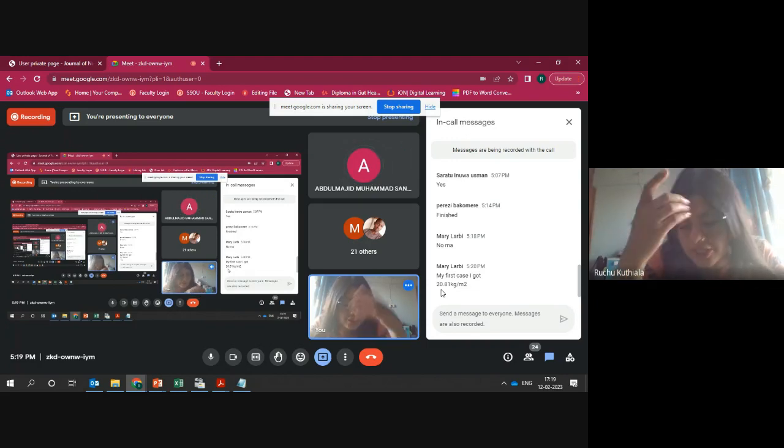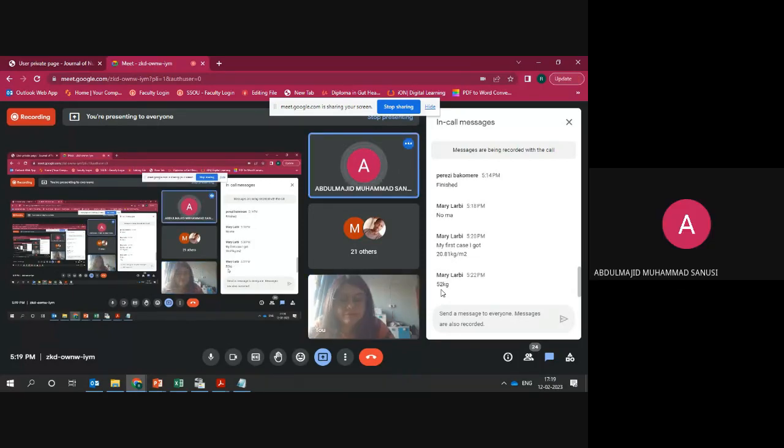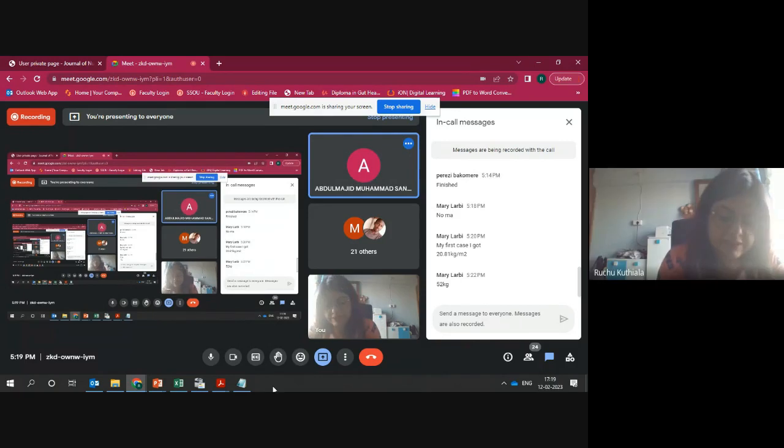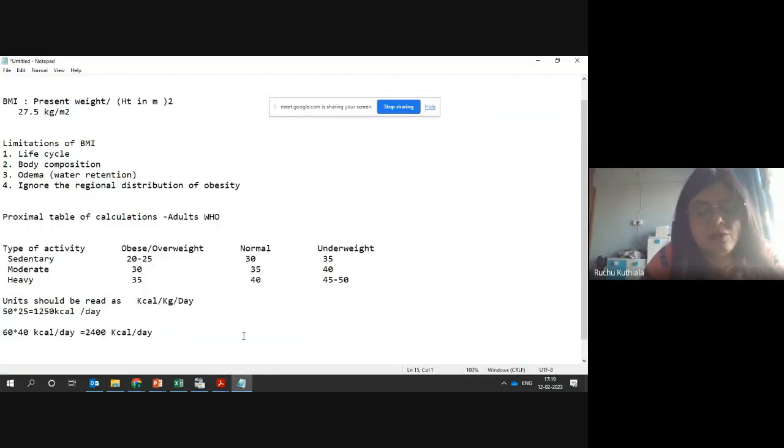Because this calculation is based on the weight. Okay, 52 kgs. So that means this person who is of the normal body weight and the BMI, I need to give either 30 kilocalorie, 35 kilocalorie or 40 kilocalorie.